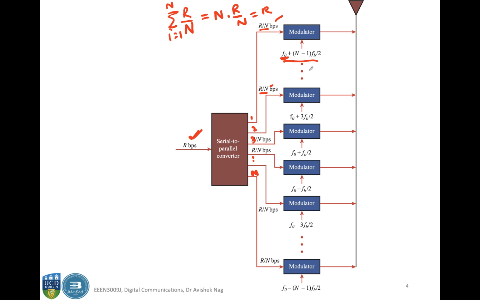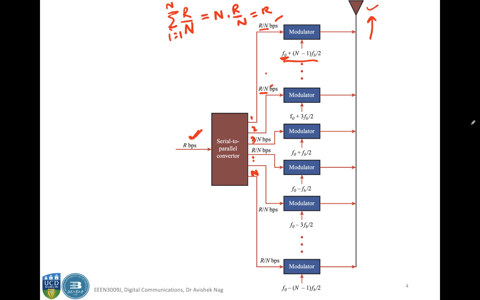Each of these tributaries is modulated by these frequencies, then all of them are combined together and sent through the antenna. This is the concept of OFDM. There are several other details here, but this is the high level concept of your OFDM system.